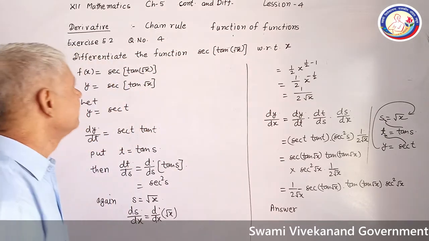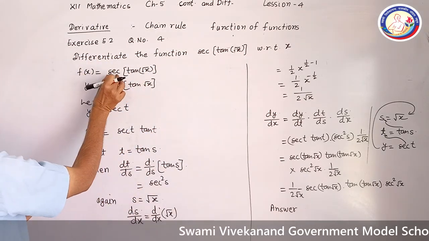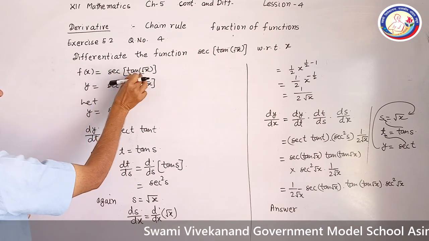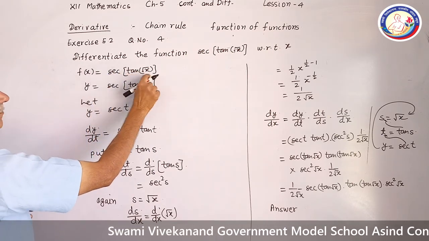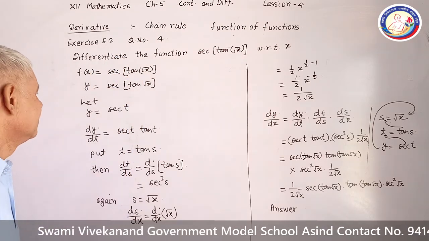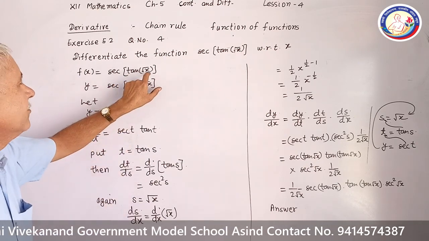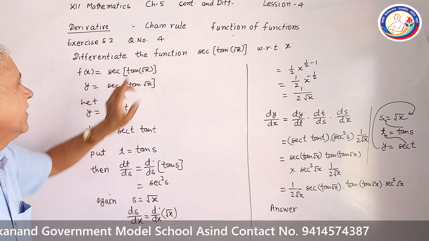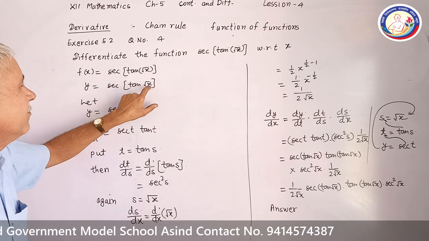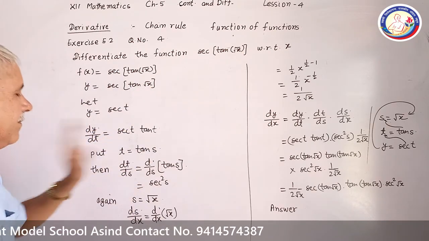Listen again. First of all, write f(x) as a function of sec. We can put this as t, sec t. Then this tangent root x as tangent s, and this square root of x as s. This will be the way.